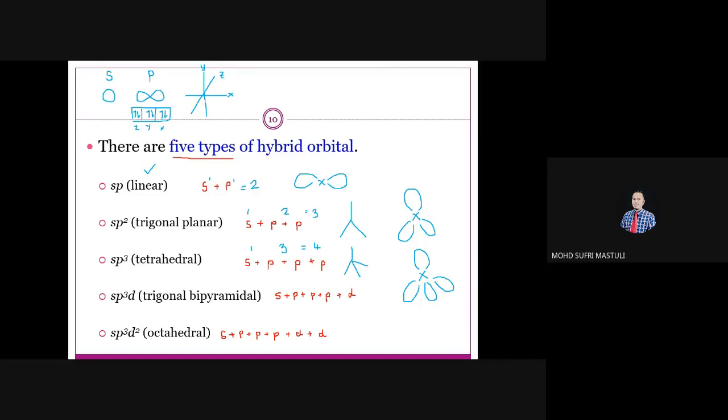For sp3d, it is 1 plus 3, 3p plus 1d, so it's 5. When it's 5, it means trigonal bipyramidal. So how does the trigonal bipyramidal look? If you still remember, trigonal bipyramidal is like this.